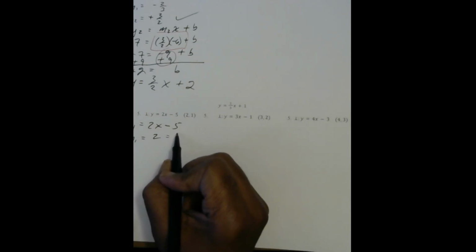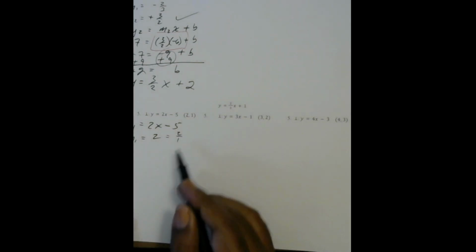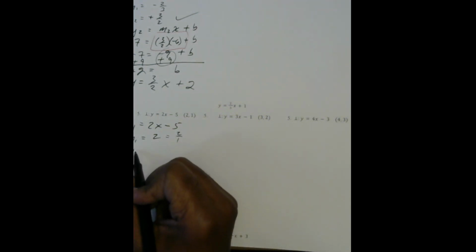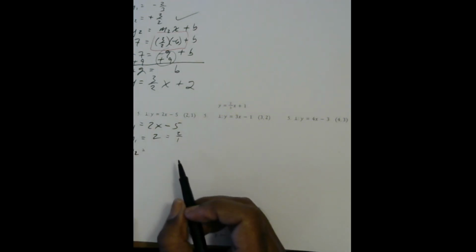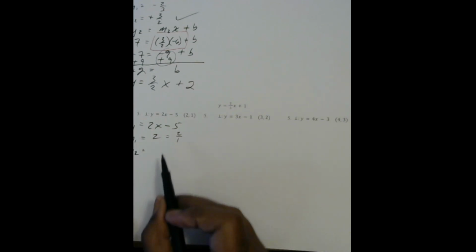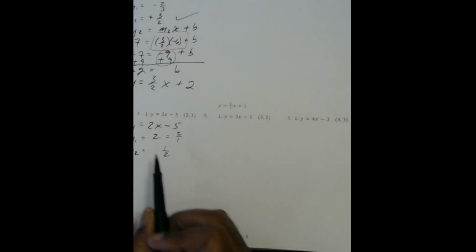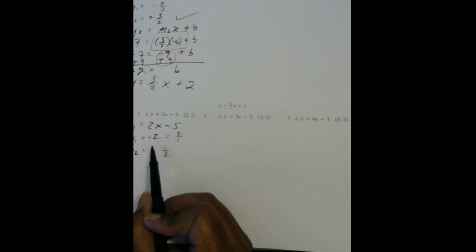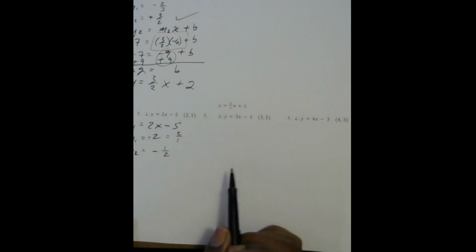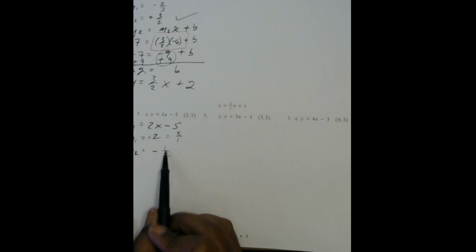So we're going to turn that into a fraction, so it's easier to take a reciprocal. So we're going to take the reciprocal of 2 over 1. So your new slope number 2, which is going to be perpendicular, we take the reciprocal, which is going to be 1 over 2, and we change the sign. So since this is positive 2, the reciprocal is going to be negative. So we're going to be using negative 1/2 on our new equation.